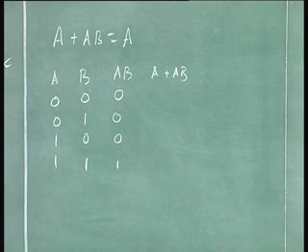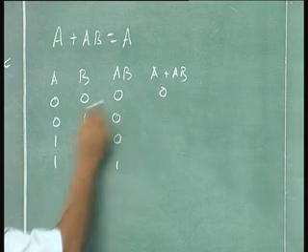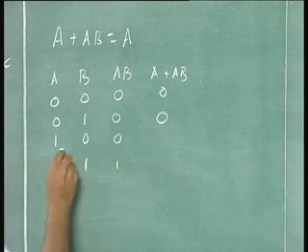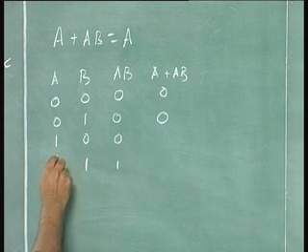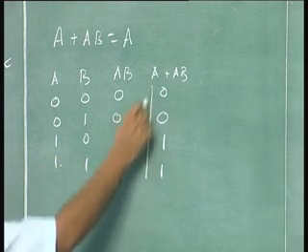A OR AB is this OR this, which is 0, 0, 1, 1. So, this is same as A.